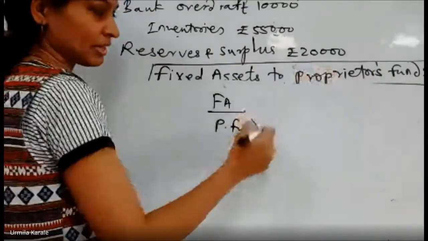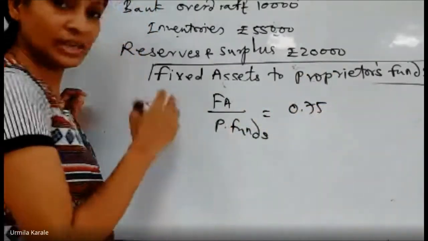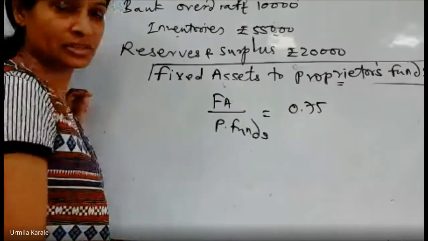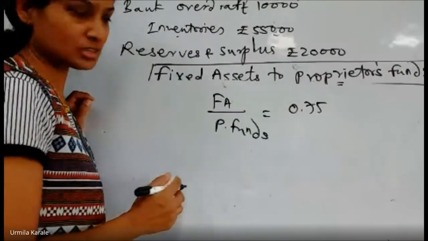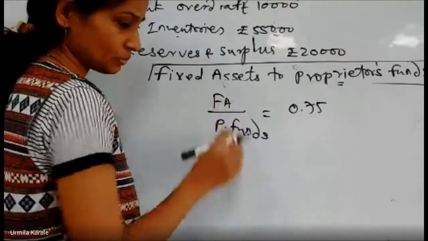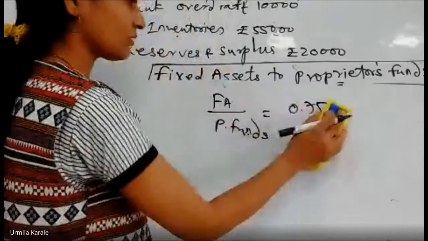This same thing I'm writing, 0.75. Now, in the first place, we did not have information about proprietors funds. Now we know how much the proprietors funds are, so you can write it here. Fixed assets upon proprietors funds equal to 0.75. Same formula, just in fraction.